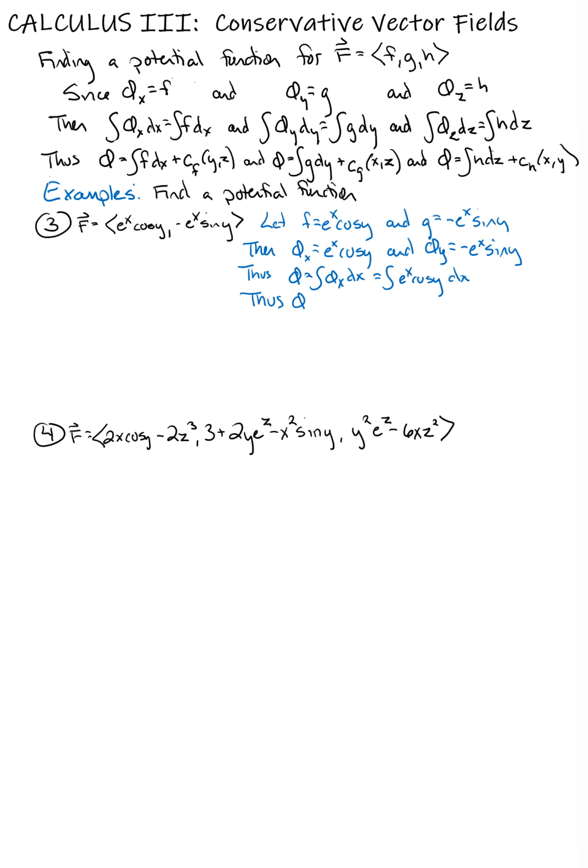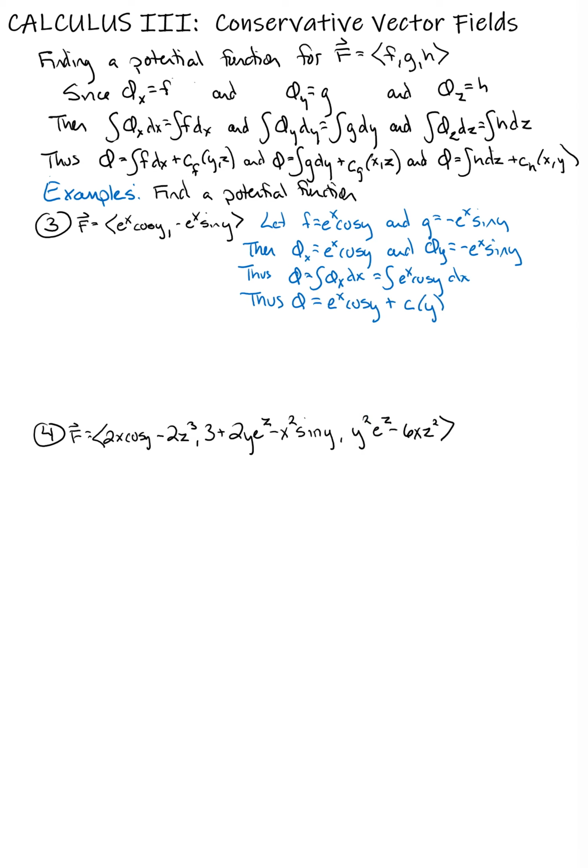Thus, we have that phi is equal to, again, all I'm going to do is integrate with respect to x. That's going to give me e to the x cosine y plus a constant, but notice I just integrated with respect to x, so this constant could potentially have a y value in it.